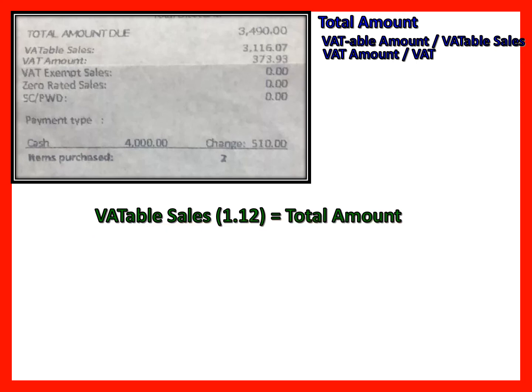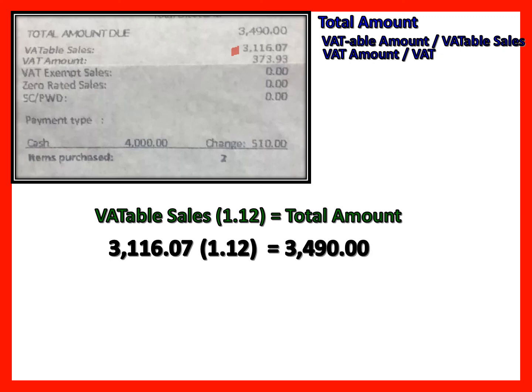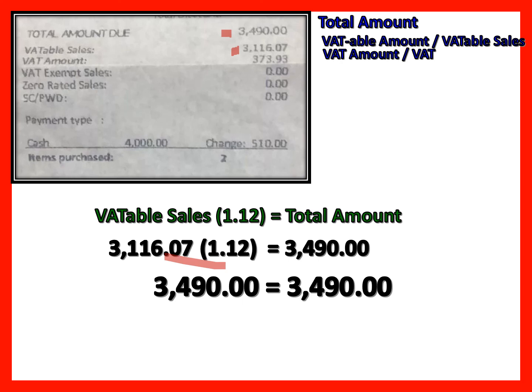The VATable sales, we have 3,116 pesos and 7 centavos. This is the VATable sales, multiplied by 1 and 12 hundredths, and that must be equal to the total amount of 3,490 pesos. And multiplying this, we will get 3,490 pesos.